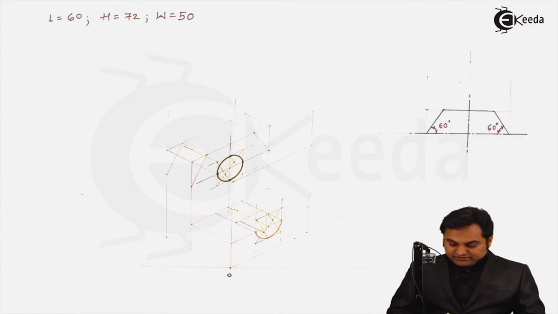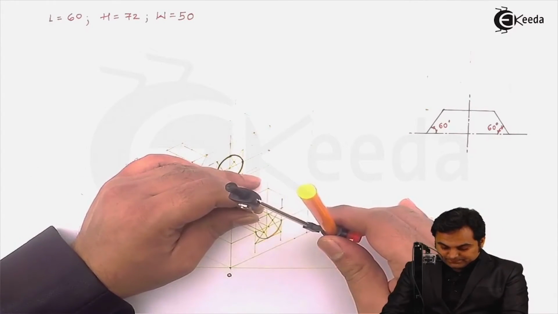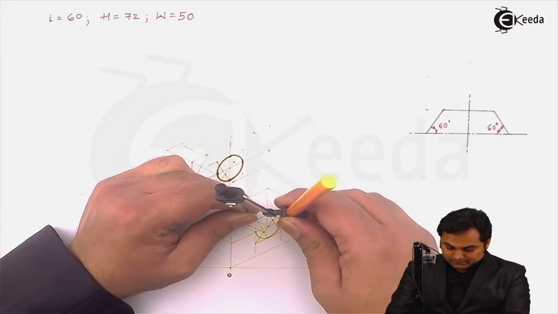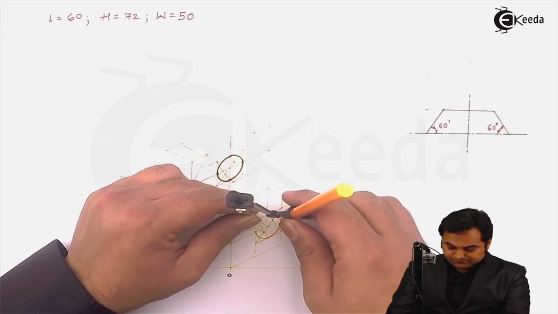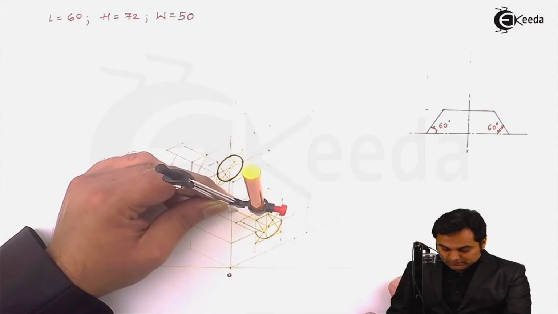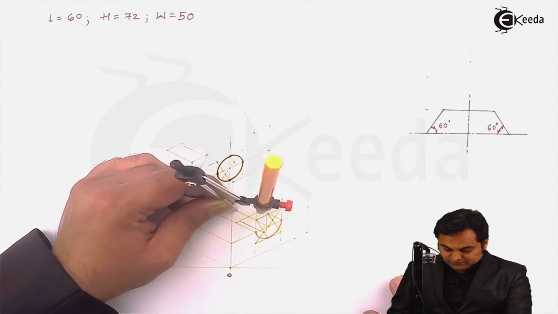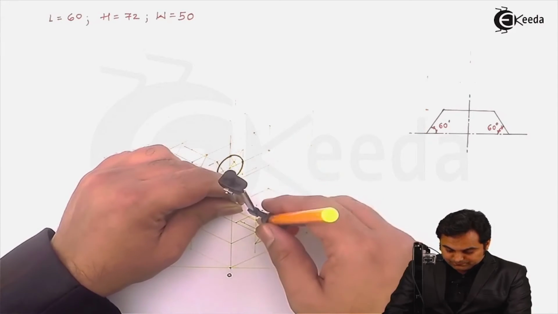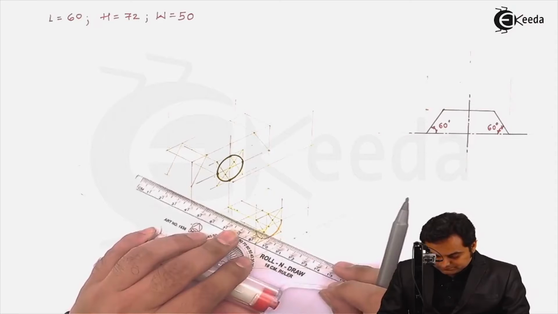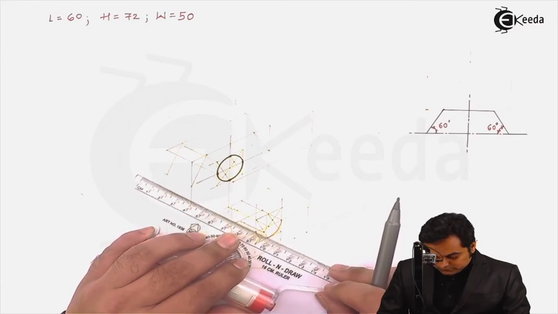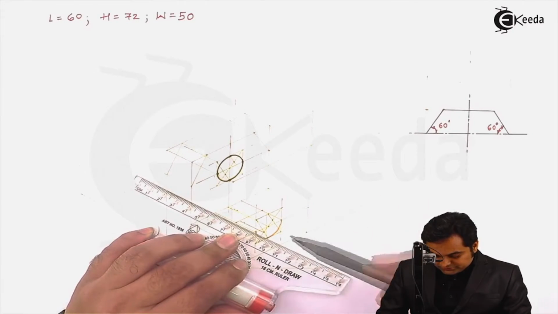Taking the same radius which I had taken for this longer arc, and taking the new center which is 15 mm, I'm going to draw that arc up to its distance.